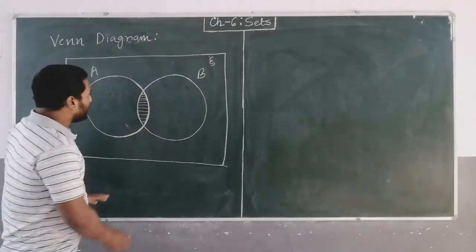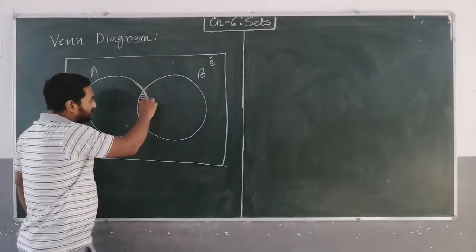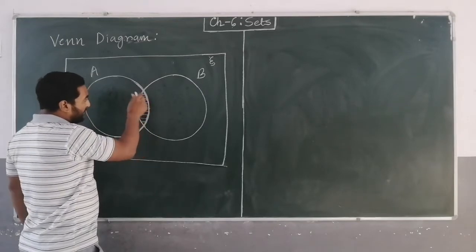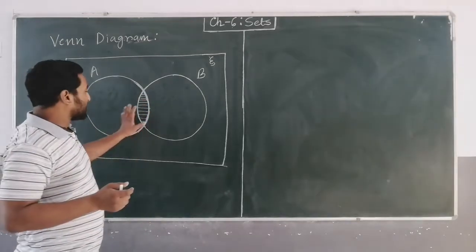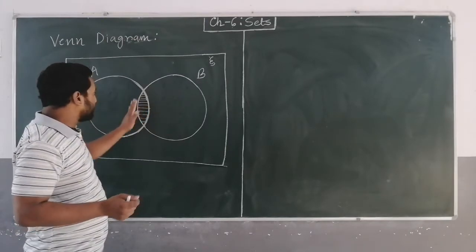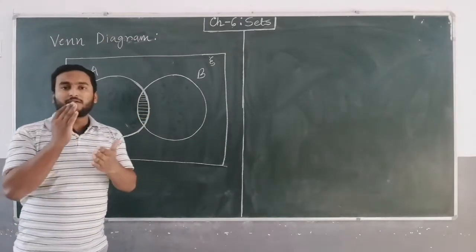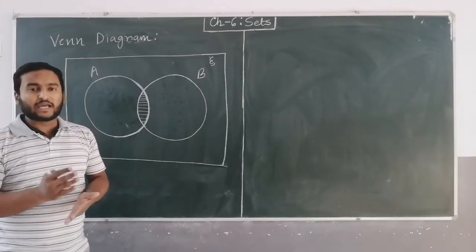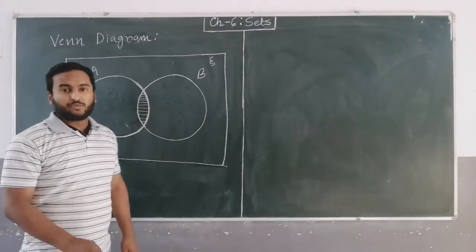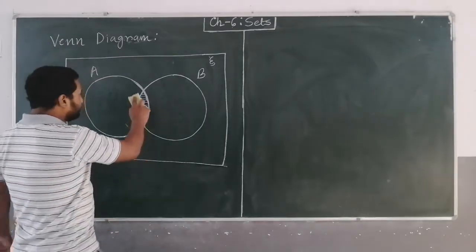And in a diagram, if the boundary of one set intersects the boundary of the other, then the two sets are overlapping, because this portion of set A and this portion of set B are overlapping.